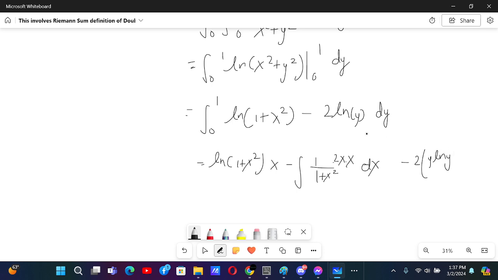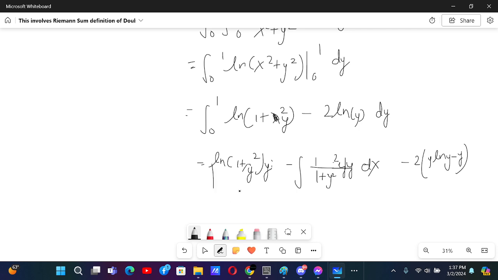But wait, this is also y, not x. I'm sorry. Okay, no, fine. y ln y minus y. This is a standard integral.